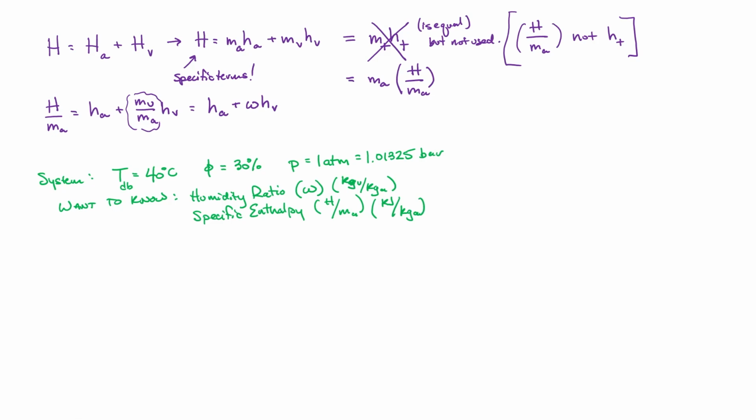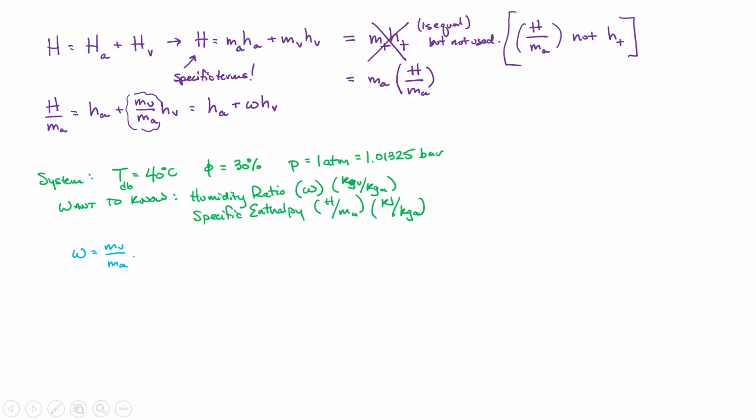Okay, starting the problem off. The first thing that I am asked for is omega. Omega I know is equal to the mass of my vapor divided by the mass of my air.